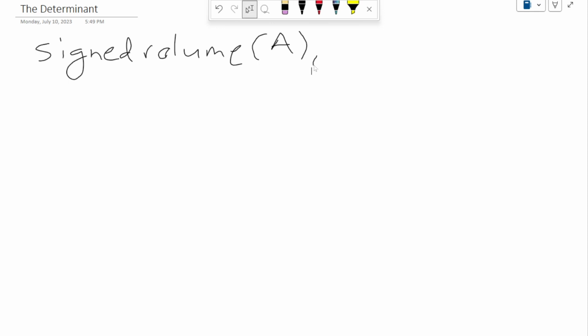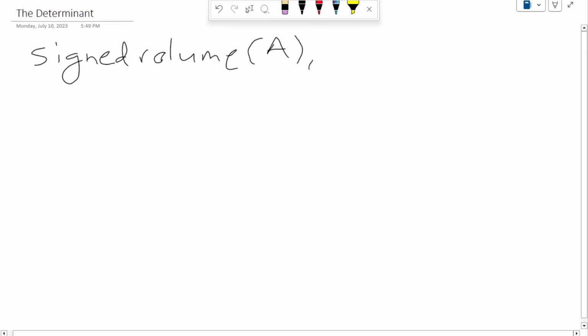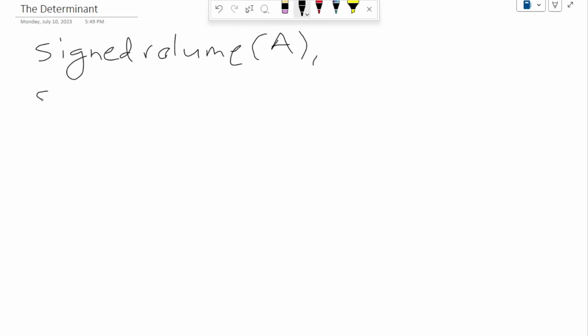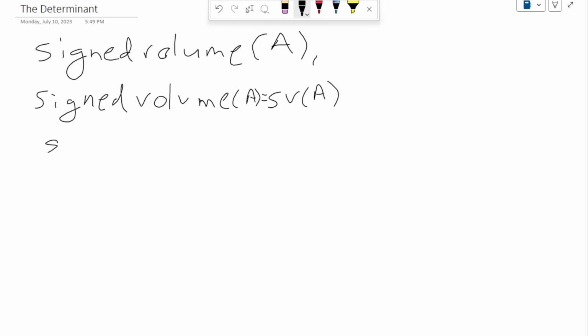If you want to go over exactly what it is, you can look back at the lecture notes from last week. But we start with the assumption that signed volume, which I'm going to from now on denote as SV, because I am now writing with my finger, SV of the identity matrix is always going to be 1.